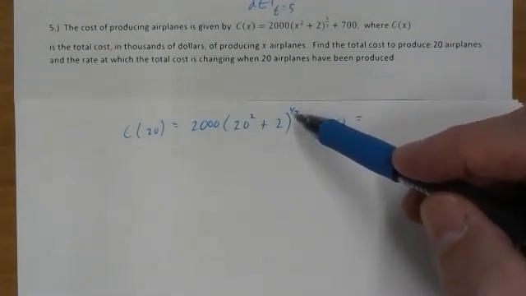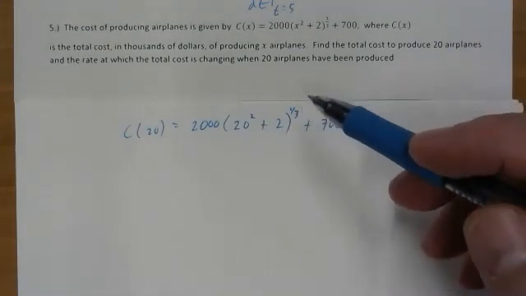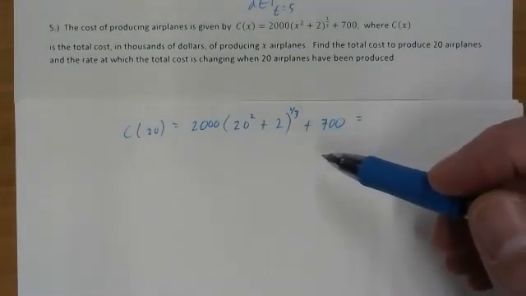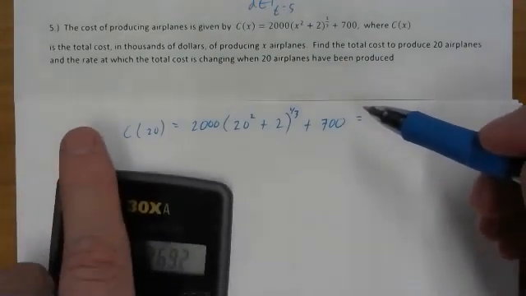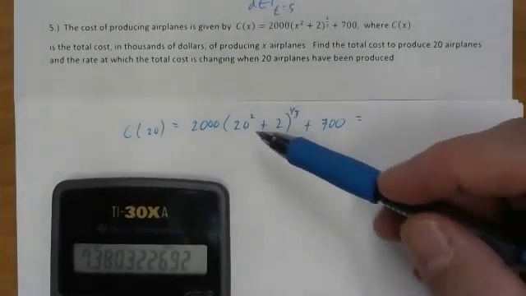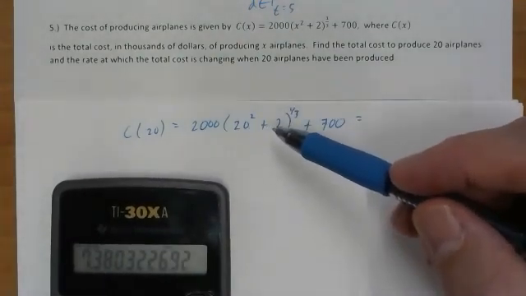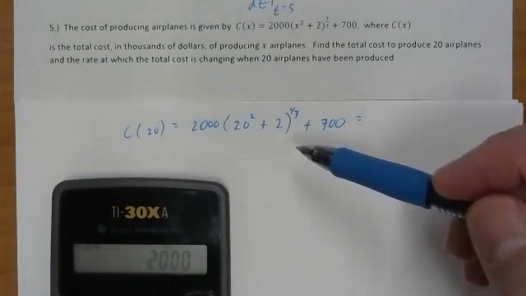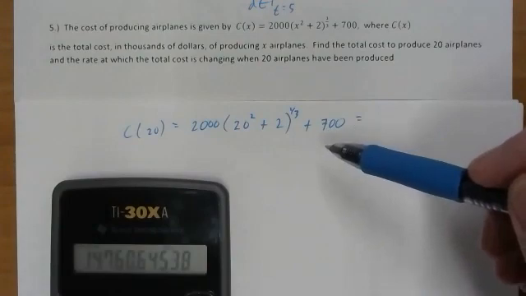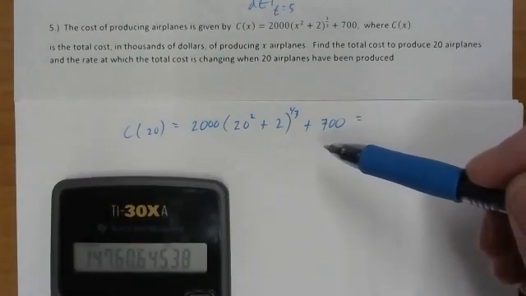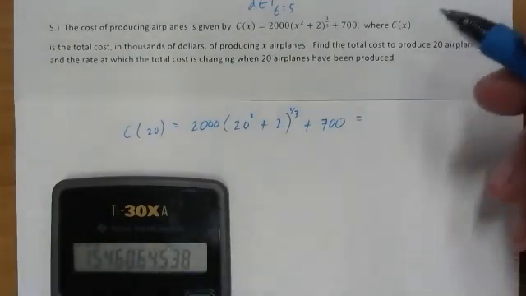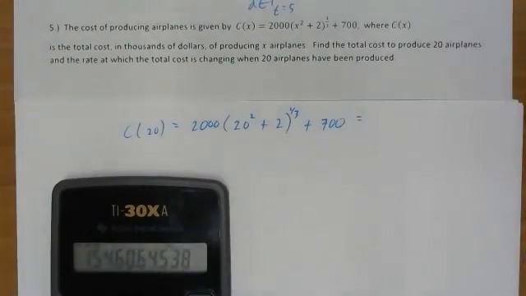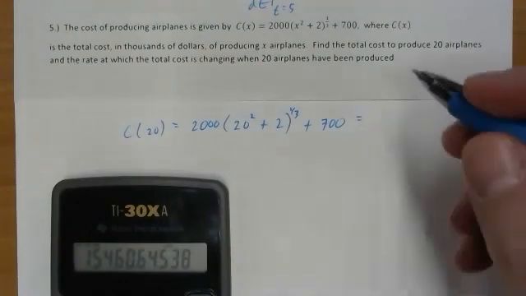I need to take the cube root of it. So the cube root, you can see there's the cube root of 404 times 2,000 plus, now probably you're going to round it to the nearest dollar.